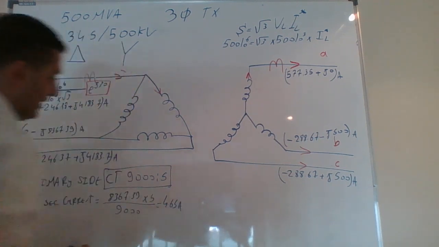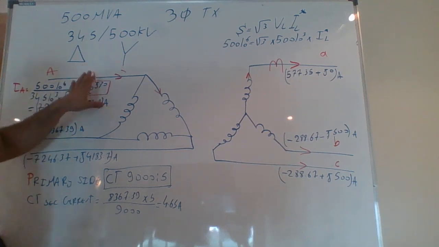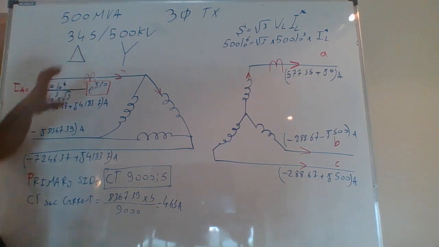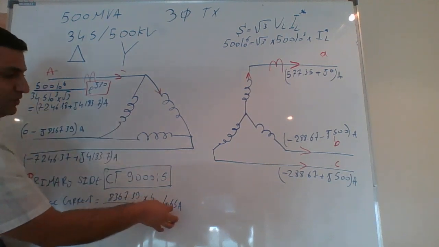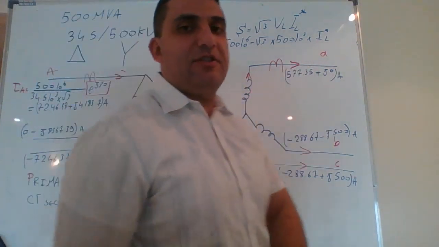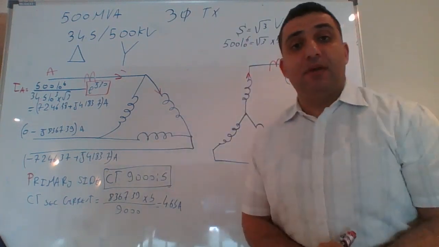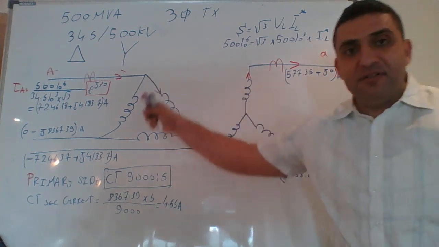This value will be the output of the CT on the secondary side of the primary CT. So now the output of the primary CT will have 4.65 amps as a magnitude current. Now, let's go back to the secondary CT. Perfect.